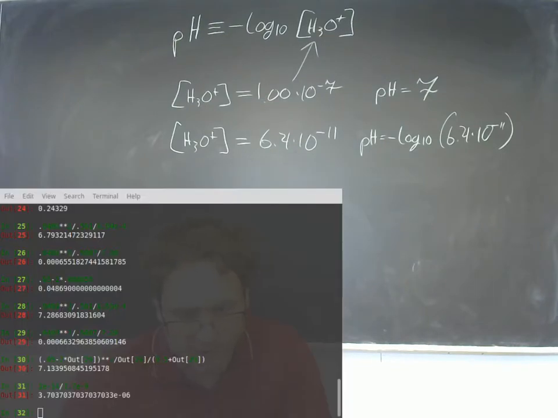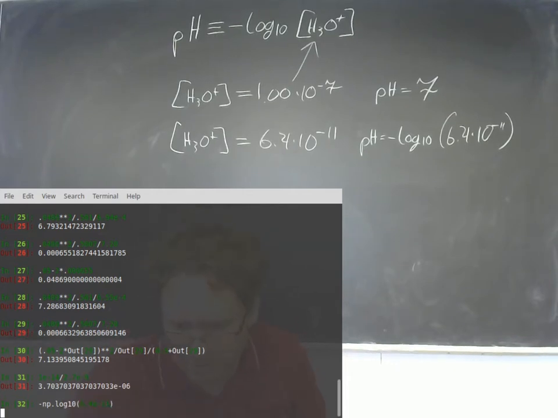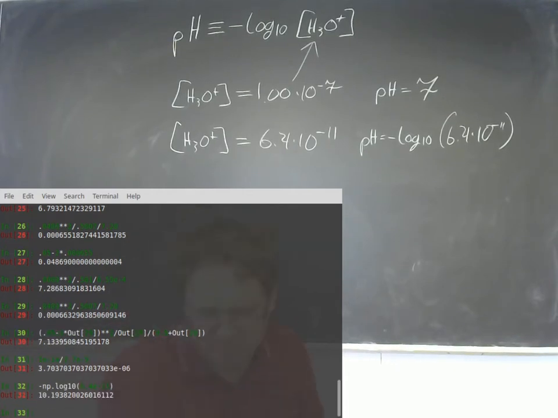So let's figure out what this pH would be. I want to take the negative base 10 log of 6.4 times 10 to the negative 11th. And it looks like the pH is 10.19.